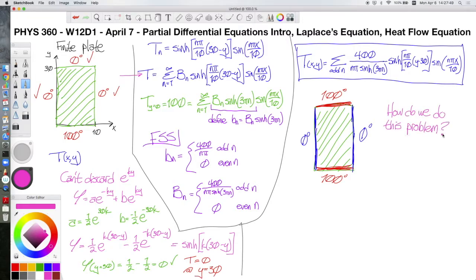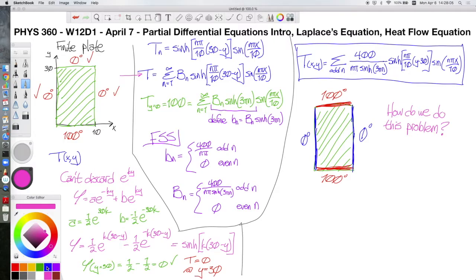It will turn out that we don't actually have to start completely over to do this problem, and the space I have left on this slide is sufficient for what we're going to do. It turns out different solutions for Laplace's equation can be added to each other.